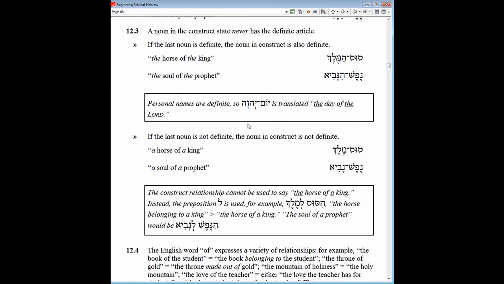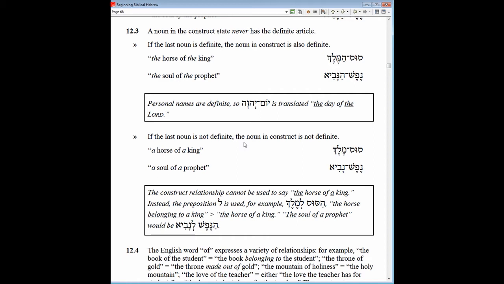Let's go down here. Proper personal names like Adonai or Yahweh are automatically definite. And so that becomes your absolute noun, Yom Adonai, Yom Yahweh, if we just want to transliterate it. X of Y, you would translate it the day of the Lord, because Yahweh, the Lord, is definite.